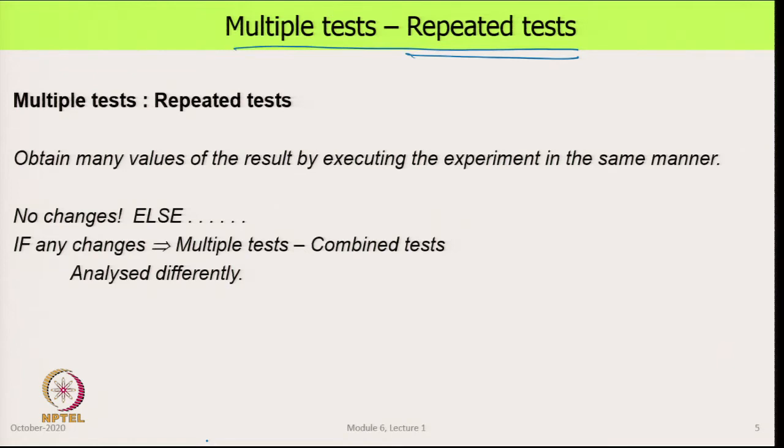What we have said earlier is now put up here, that we obtain many values of the result by executing the experiment in the same manner, which means from experiment to experiment there was absolutely no change done at all.